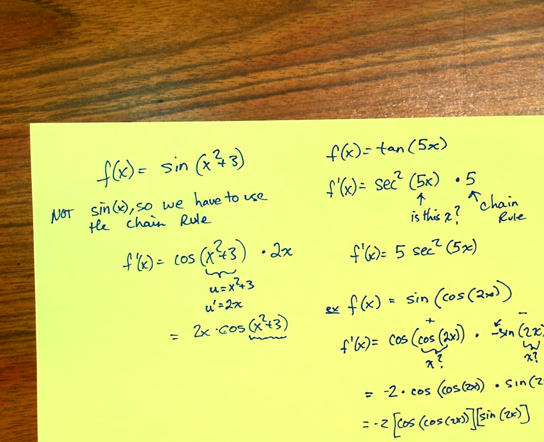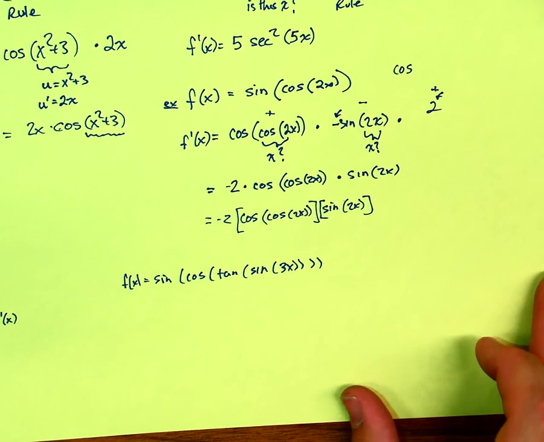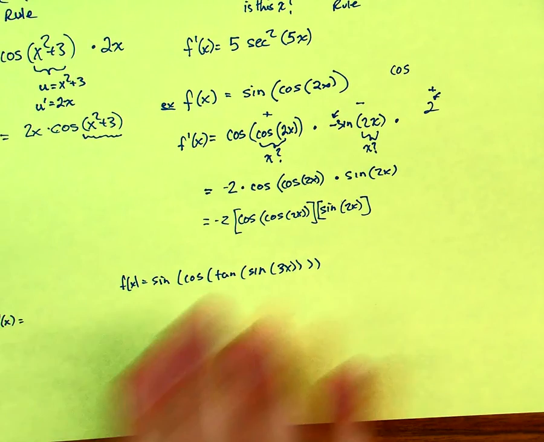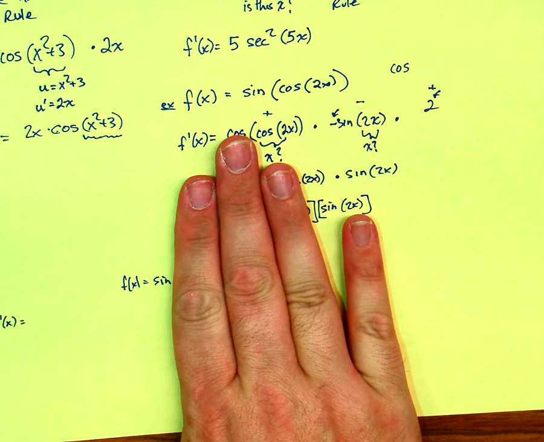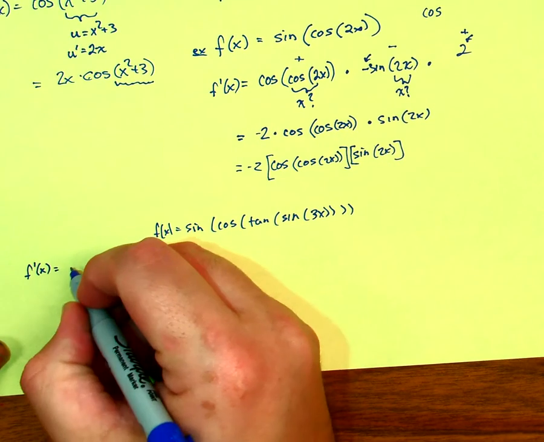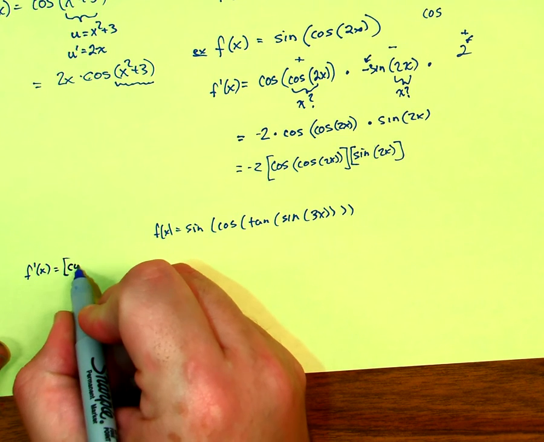All right, let's see. Now, this is one of those things where covering up stuff is good. What's the first function we got to take the derivative of? Sine. What's the derivative of that? It's going to be, and I'm going to put this stuff in brackets because I just need to, the cosine, and then you just write everything else: cosine, tangent, sine, 3x.